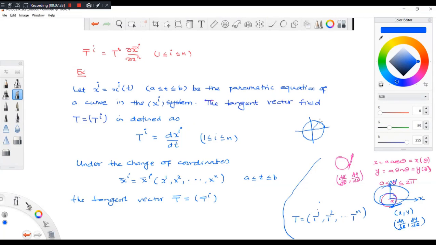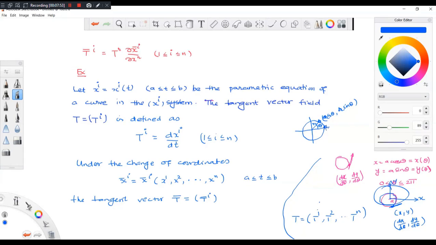Any point here, if you take this angle is theta, then this point will be a cos theta, a sin theta, or r cos theta, r sin theta. Here r means the radius. Theta means it's a parameter.